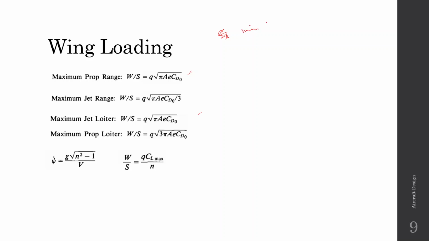So minimum thrust. For minimum thrust, you have to fly it at CL equal to root over CD naught by K. So then you can use this CL to find out what will be the wing loading.